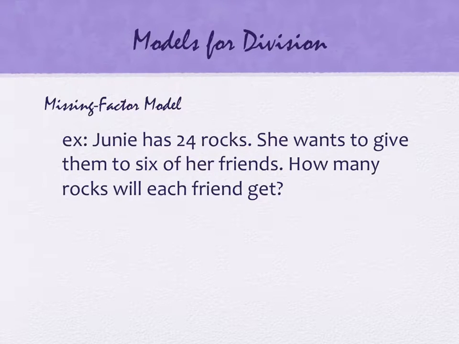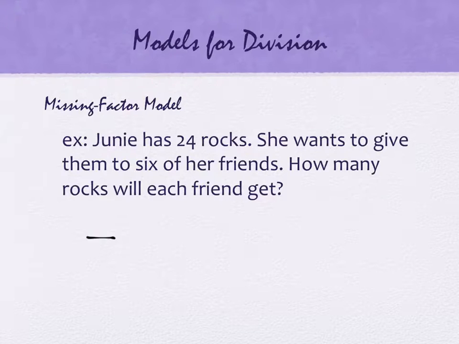Missing factor model. In a missing factor model, we actually have the same question as we had earlier. Junie has 24 rocks. She wants to give them to 6 of her friends. How many rocks will each friend get? So in the missing factor model, it has to do with how you actually write the solution out.